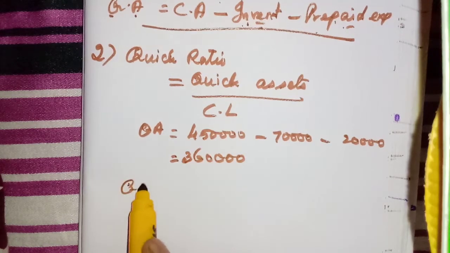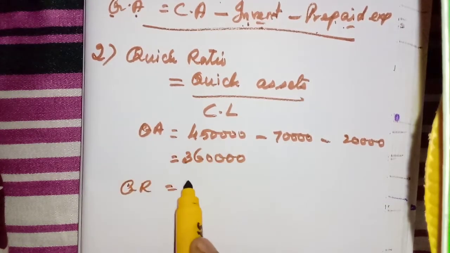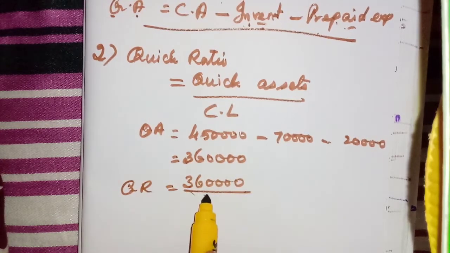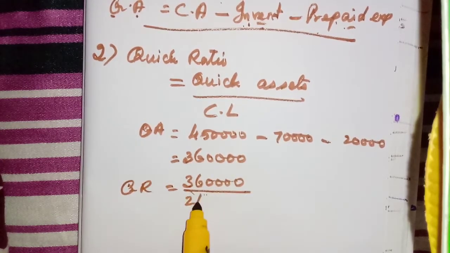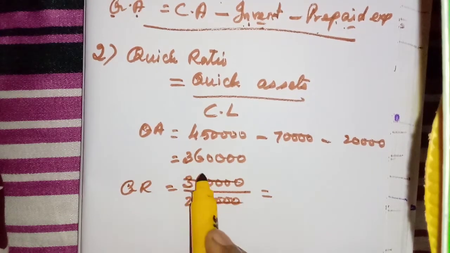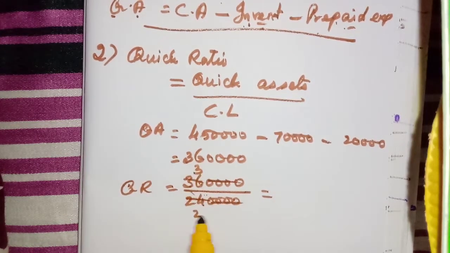Now quick ratio is equal to quick assets 3,60,000 divided by current liabilities 2,40,000. 36 by 24, so 12 means here 3, here 2.